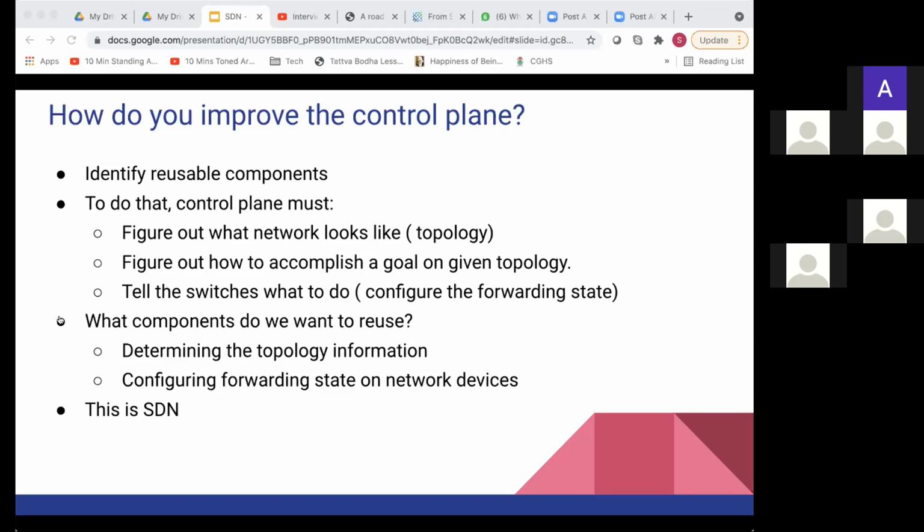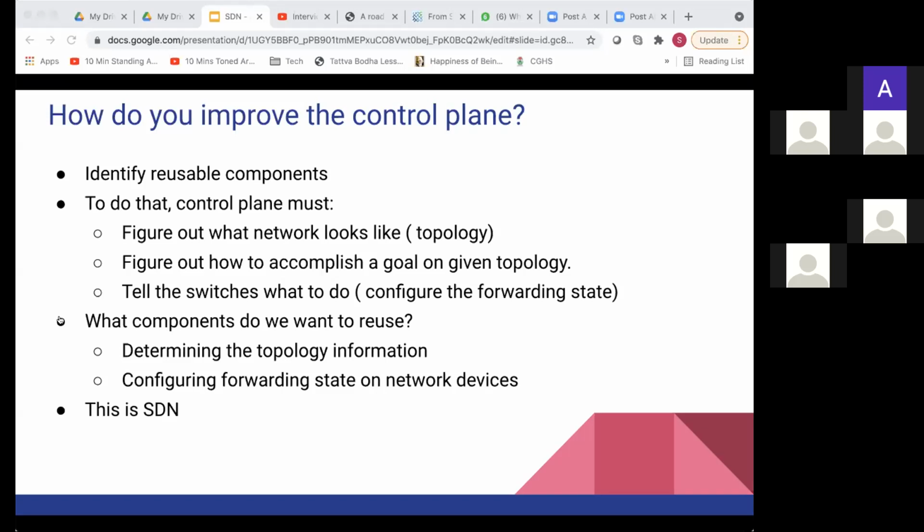If you draw a map of the network, that is the topology. And if it wants to do a specific goal, like apply a specific QoS or SLA to a bunch of devices in the network, that's specifying a specific goal. That may vary from application to application, so that's not something we could create a reusable component for.